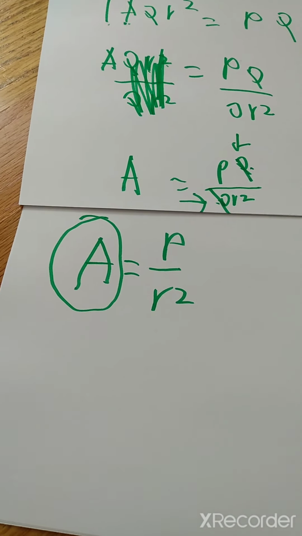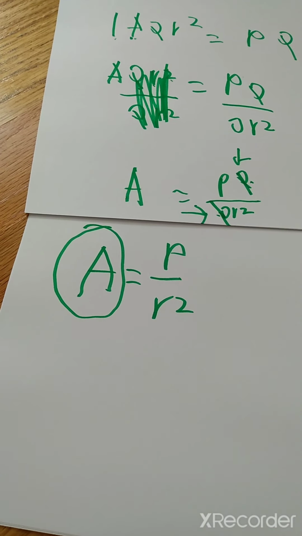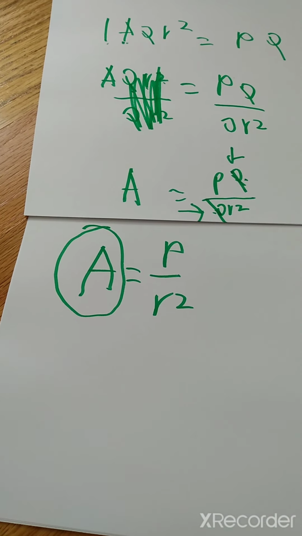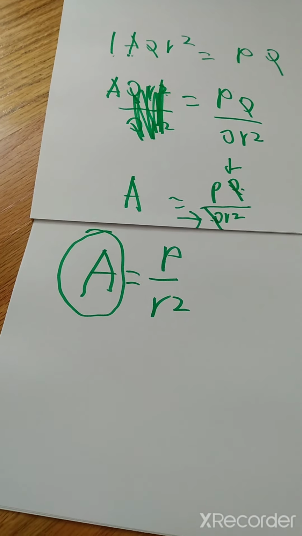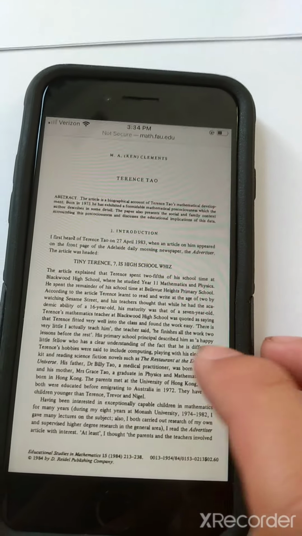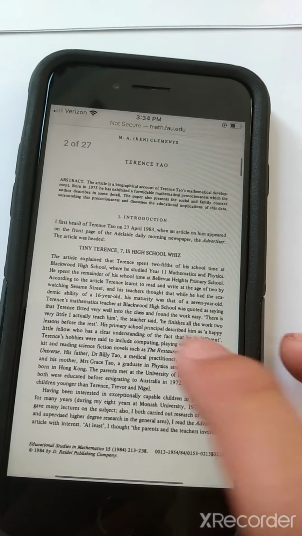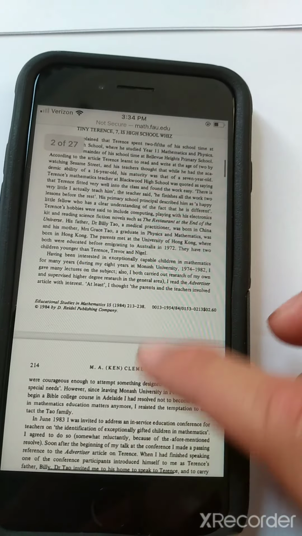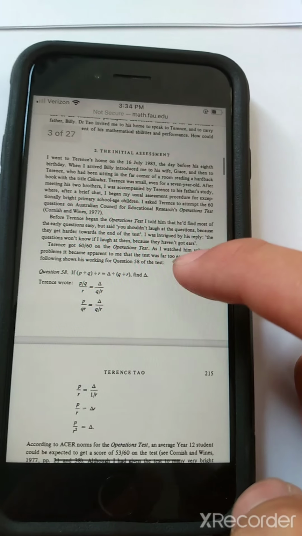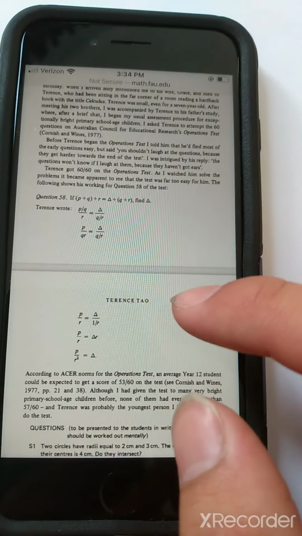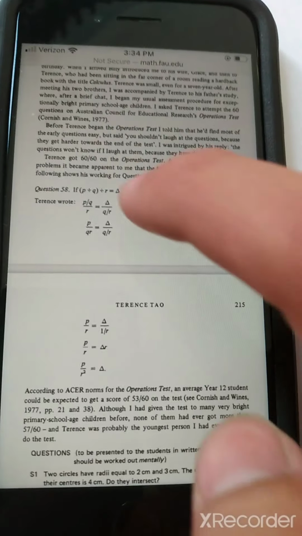So in 1983, Terence Tao solved this problem at 7 years old. That is crazy for his age. And the scientists that did the testing for him actually wrote a book. And it actually explains, on pages 214 to 215, the same exact equation and problem.